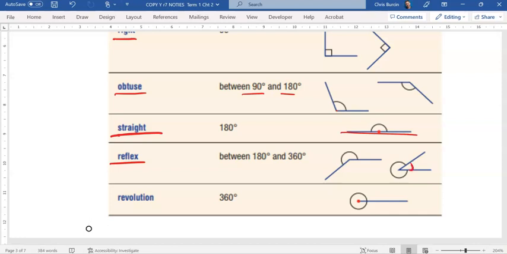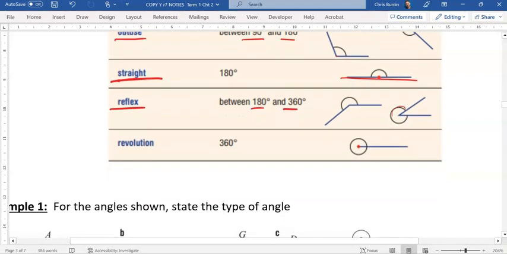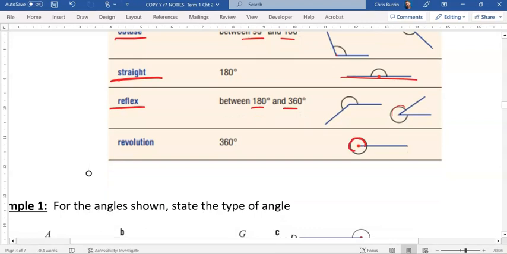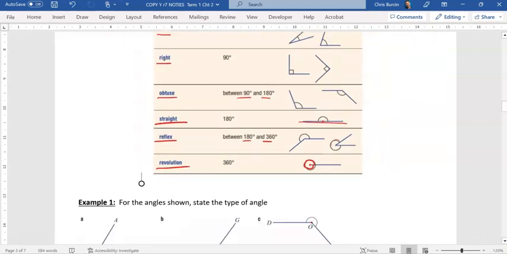So this angle would be what? Acute. And outside, because it's between 180 and 360, it's going to be reflex. And the full way around from one point, going all the way around back to the same point, is a revolution, just like the Earth revolves around the sun.